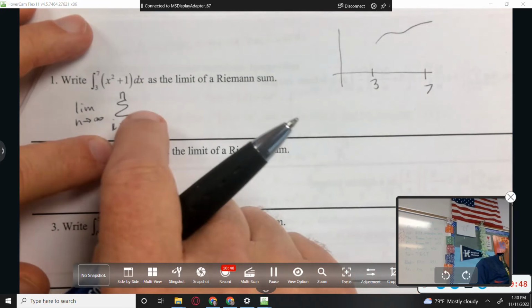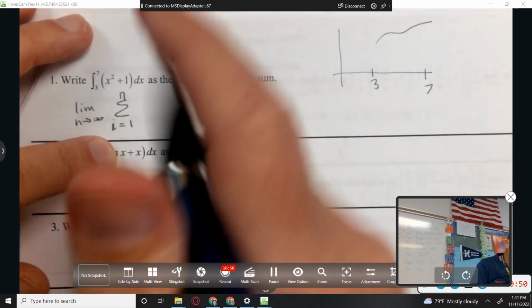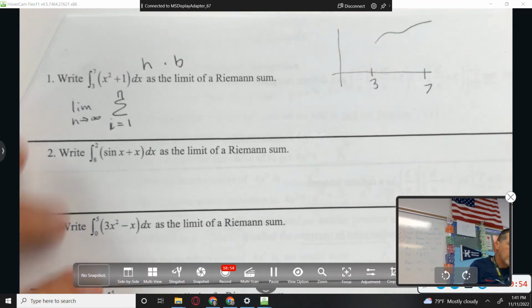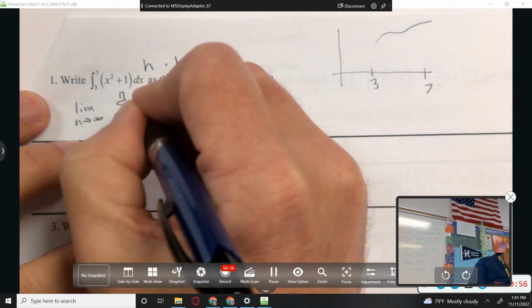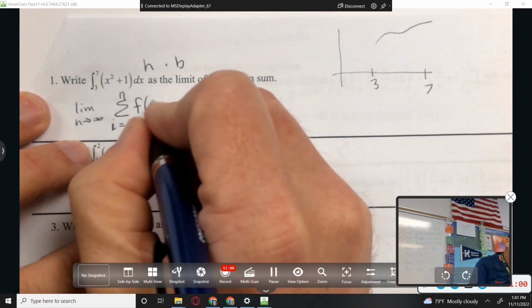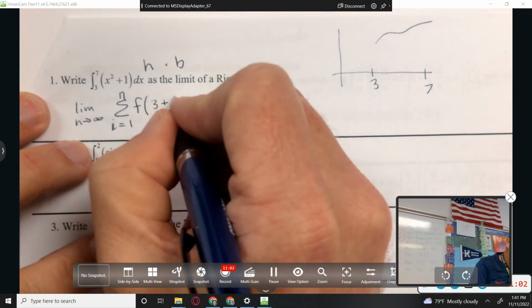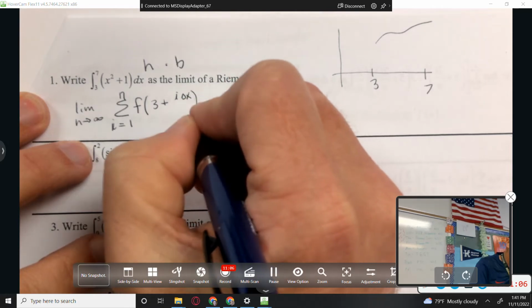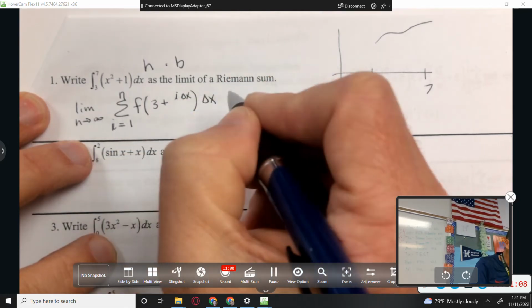Okay, so I'm summing up all the rectangles, so I want to do height times base. So the height would be f of 3 plus i delta x, times delta x.